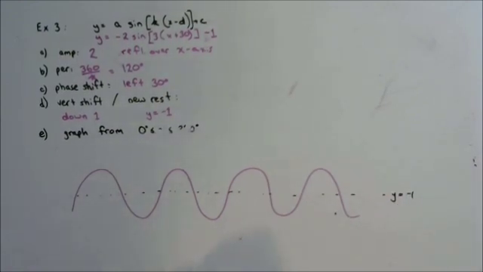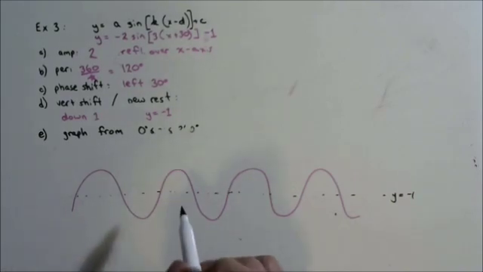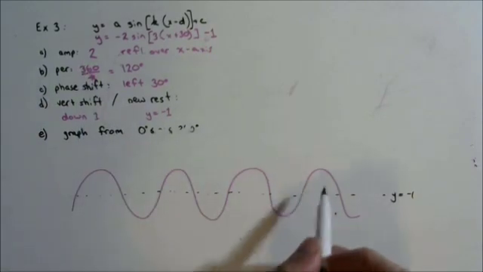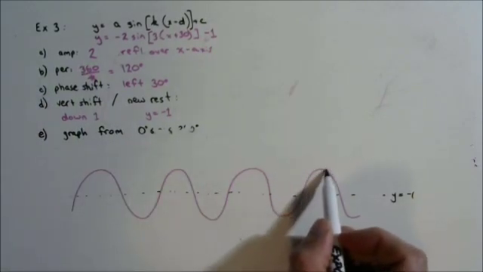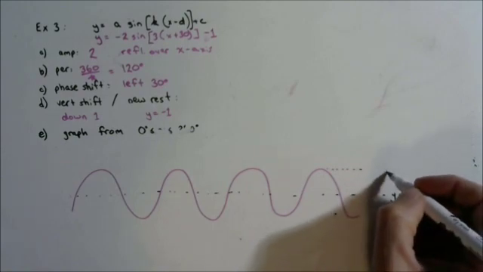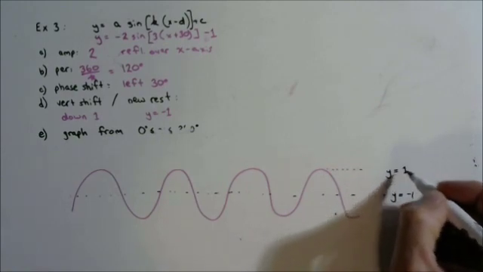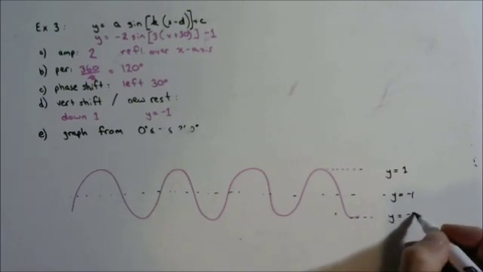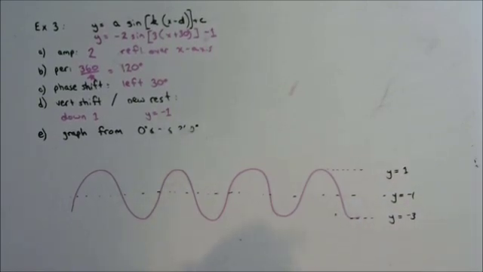Okay. And if we look at our amplitude of 2, that means that this maximum here, an amplitude of 2 would give us y equals 1 as a max, and y equals -3 as a minimum.